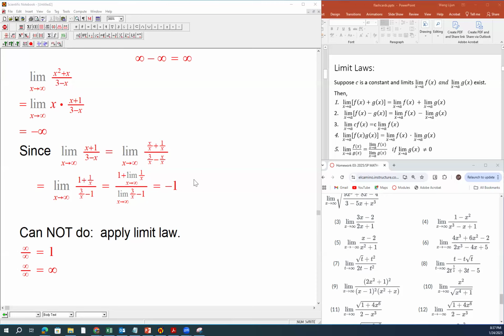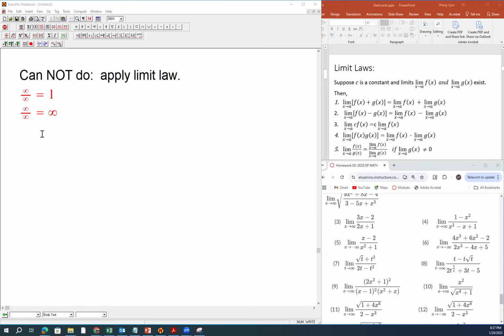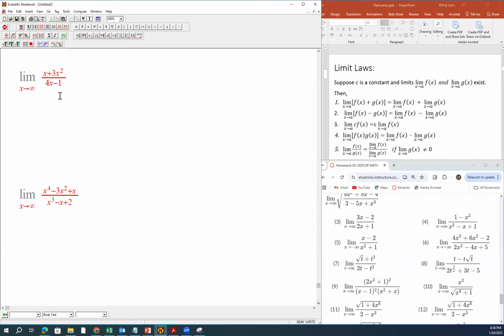Okay, so this is the technique we use, which is either infinity multiplied by infinity is infinity, or infinity multiplied by a constant is infinity. So the same technique can be used for these other two. These are from your homework questions, right?